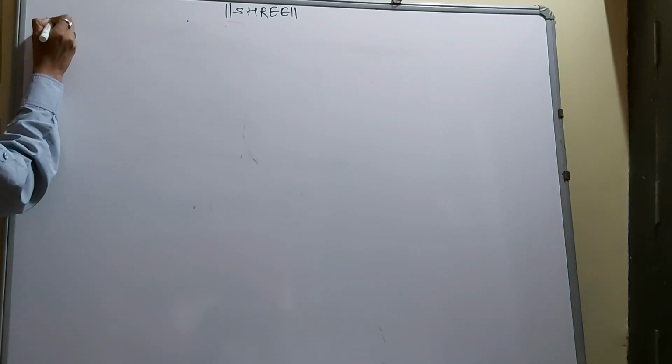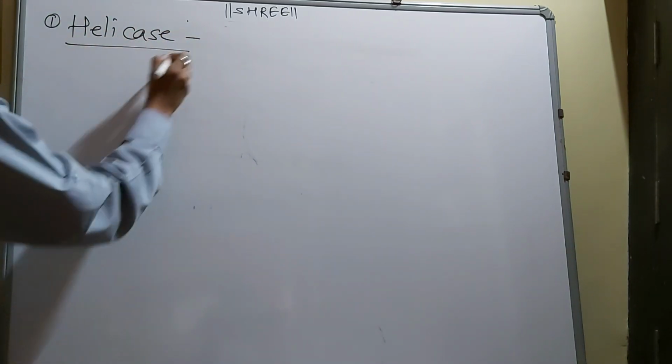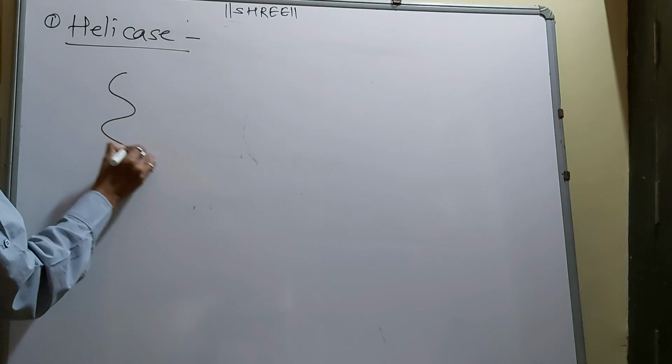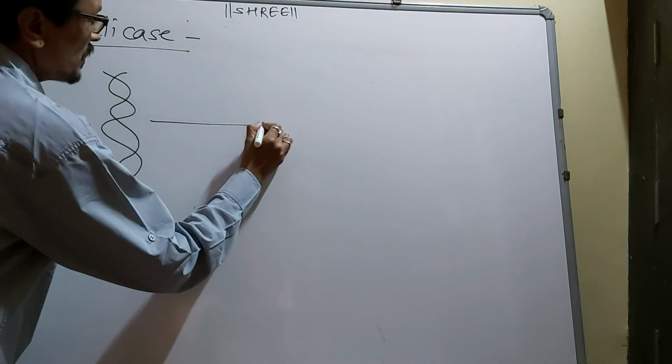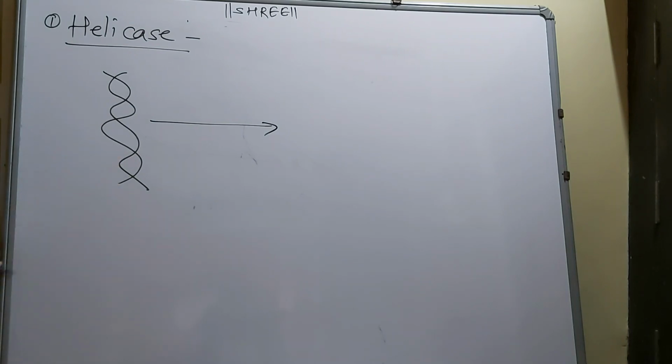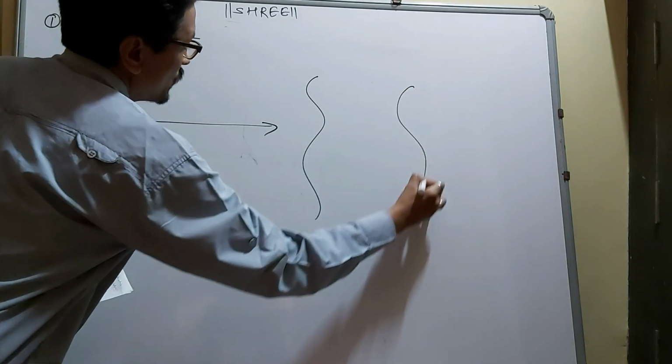The first enzyme is said to be helicase. Note down the first enzyme, so called what? Helicase. What is the role of helicase? We know that DNA is a coiled molecule, and its structure is in this coiled form. Helicase is responsible for conversion of the coiled structure into this type of structure.